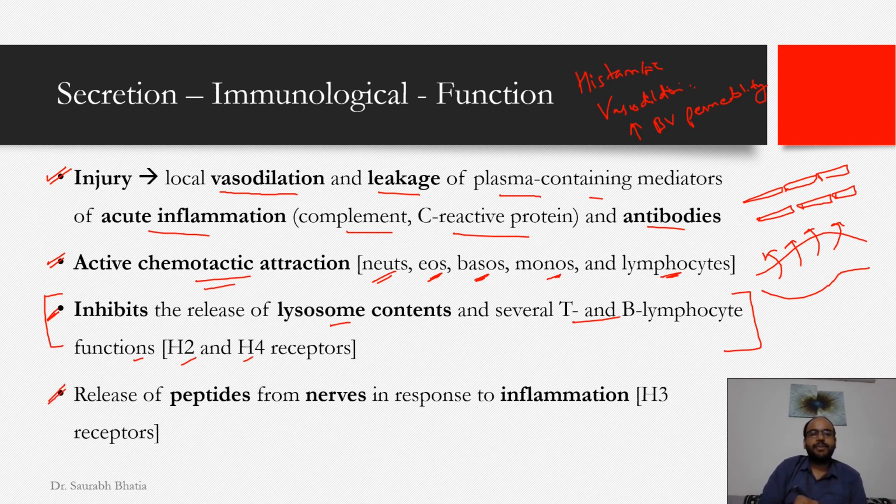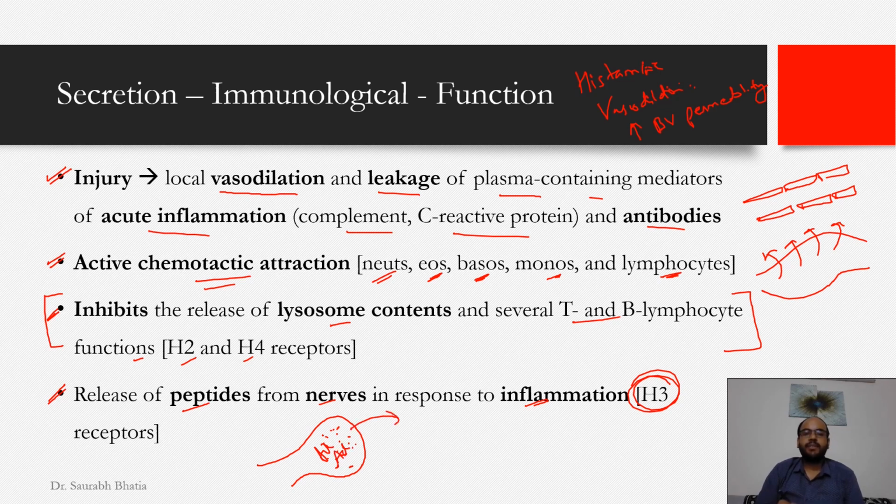Histamine also leads to release of peptides from the nerves in response to inflammation, and that is mediated by H3 receptors. So let's just say that you have a synapse and a lot of mediators like acetylcholine or adrenaline.